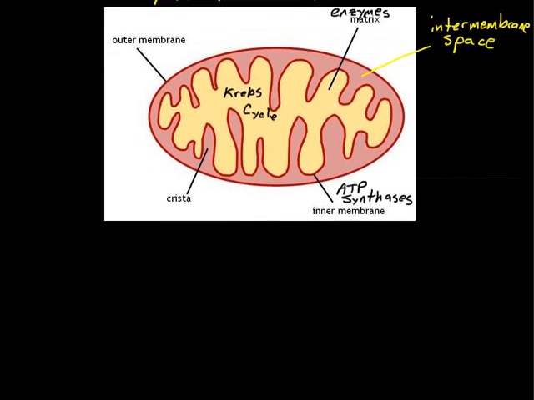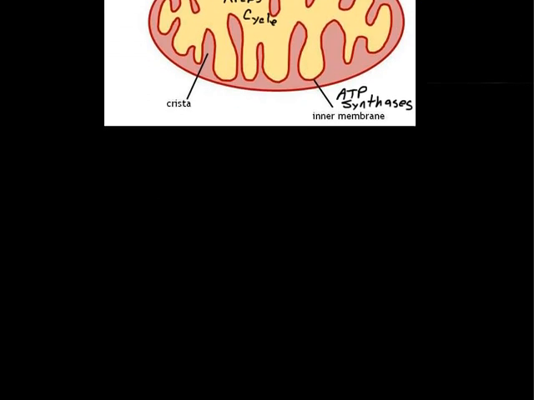Let's talk a little bit more about the process of respiration. The type of respiration that plants use is the same as the respiration that most animals use, and that is a type of respiration that we call aerobic respiration.